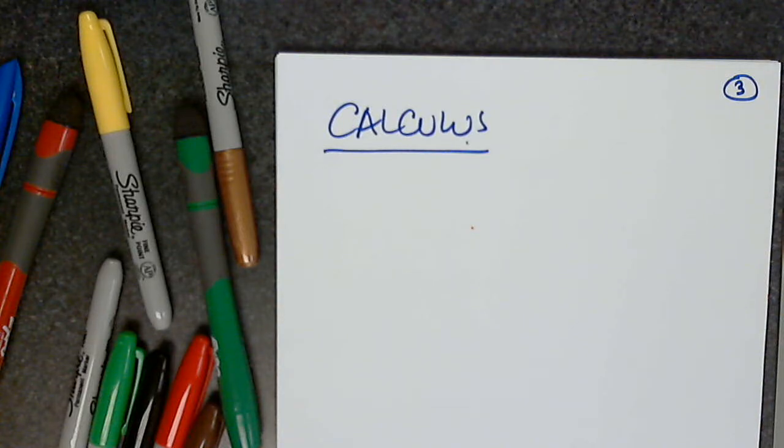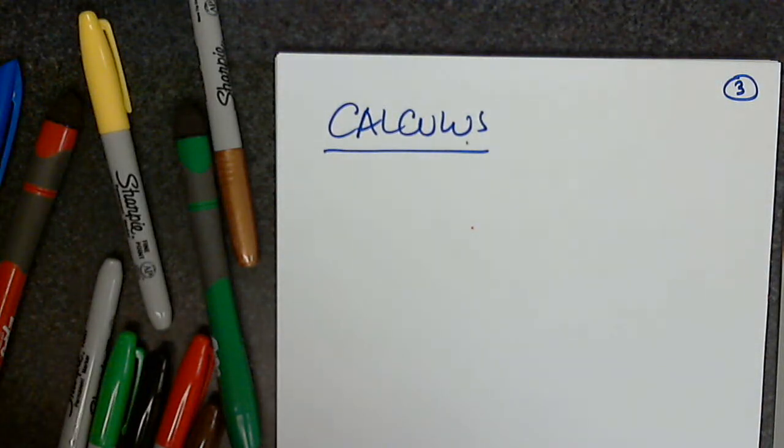So once again, I do want to congratulate you for enrolling in calculus, making it this far. So we know what calculus deals with. It deals with, number 1, rate of change, and we're going to talk about every aspect of it.